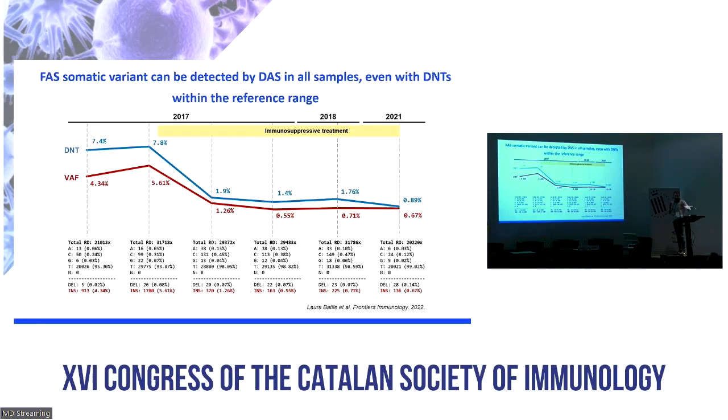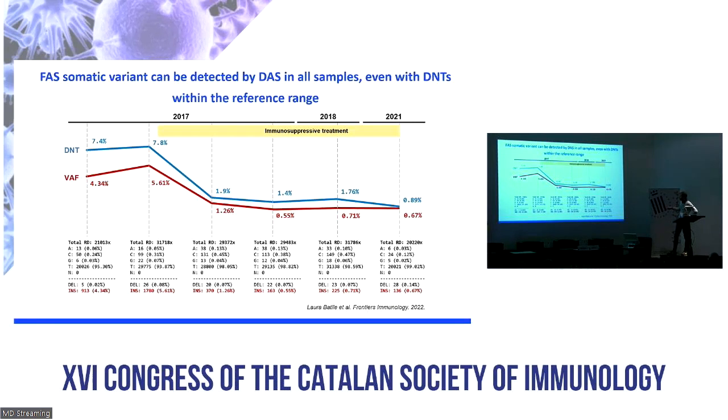So here, I want to highlight some messages. First, we have been able to detect the variant even in samples after 4 years of treatment, with very low numbers of double negative T cells, in fact, normal numbers of double negative T cells. So the mutation is still there, while all the cells are in normal numbers.